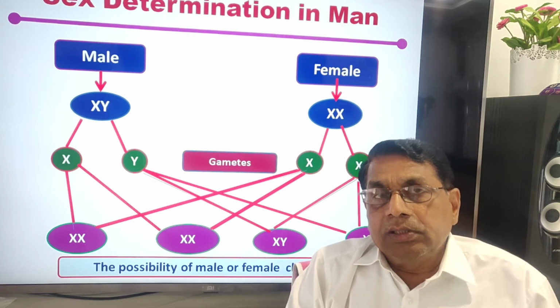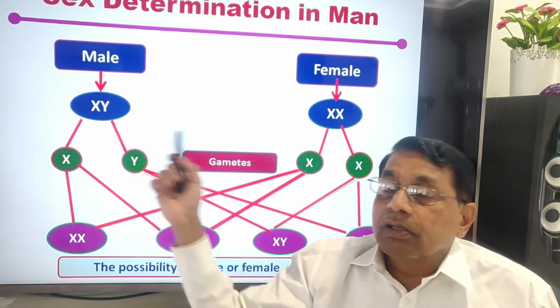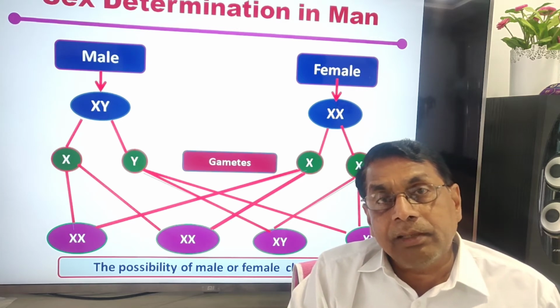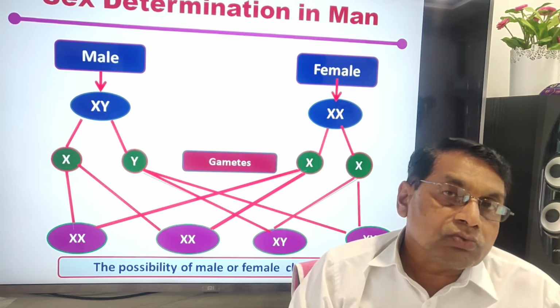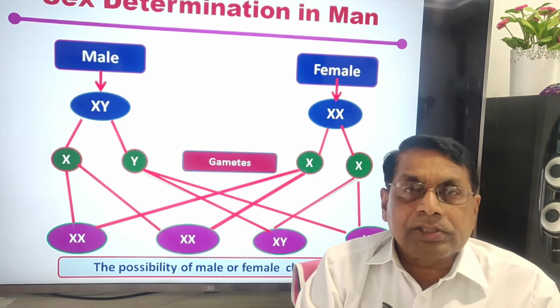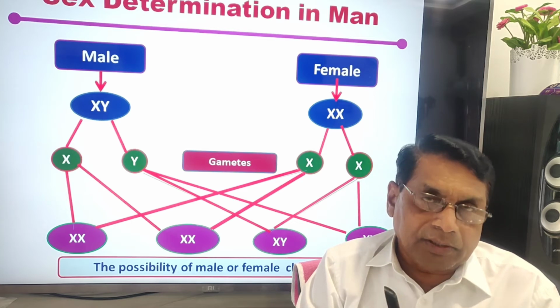But this may not happen sometimes, because that depends upon which male gamete fuses with which one. So statistically, genetically speaking, 50-50.